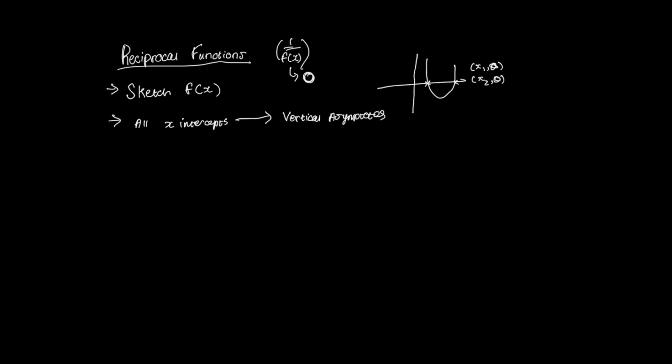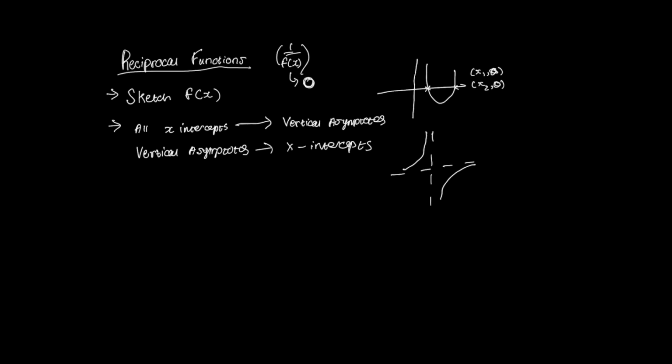And secondly, you have to know that all the vertical asymptotes of the original function become x-intercepts. Let's look at a function where, for example, let this be x is equal to 1. That is the vertical asymptote. At this point, f of x is infinity.